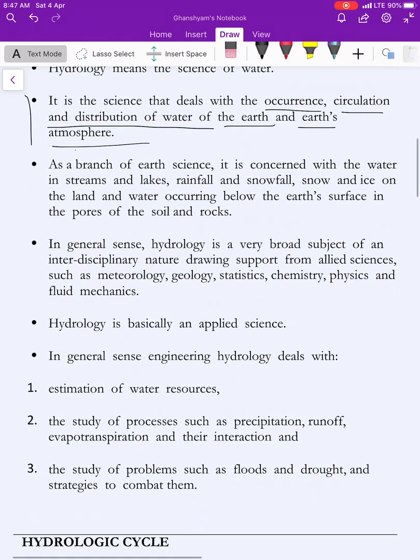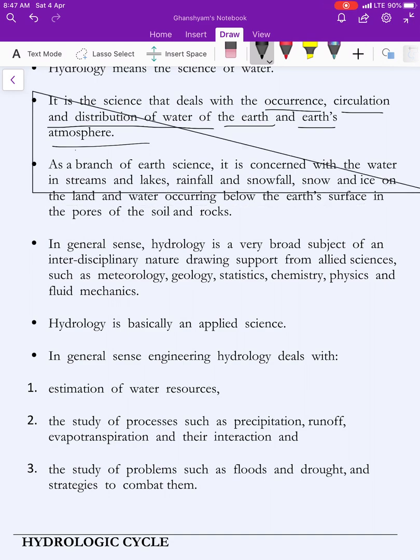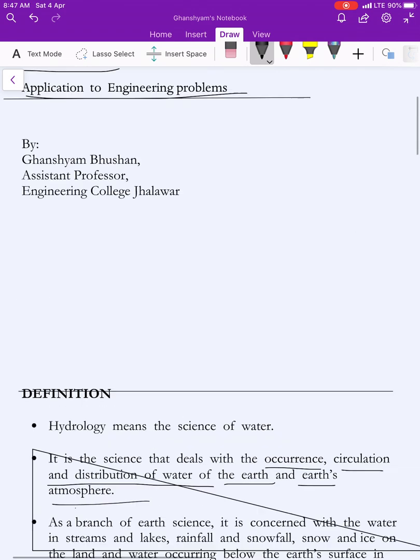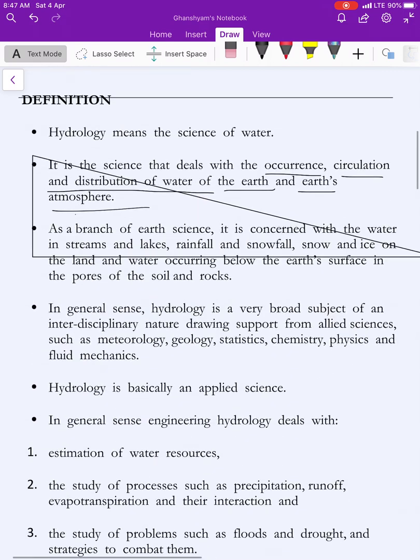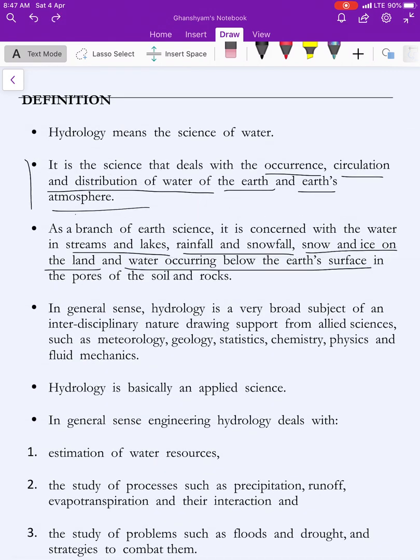So as a branch of earth science, it is concerned with the water in streams and lakes, rain and snowfall, snow and ice on land, and water occurring below the earth's surface in the pores of soil and rocks.